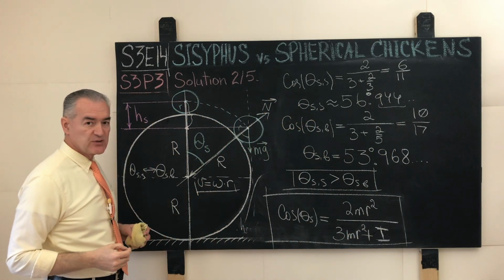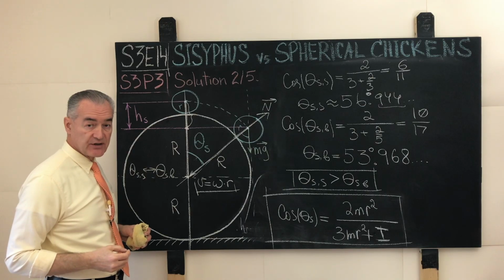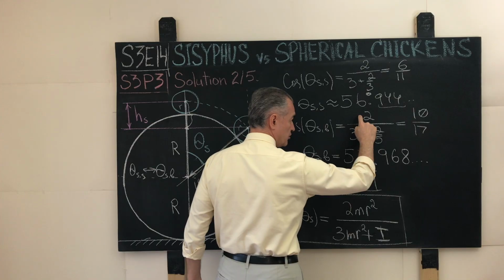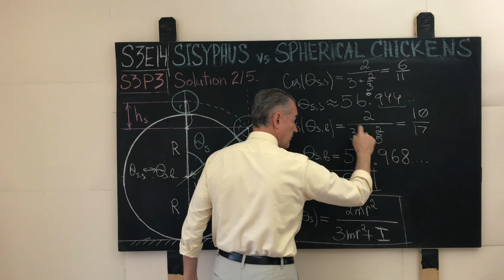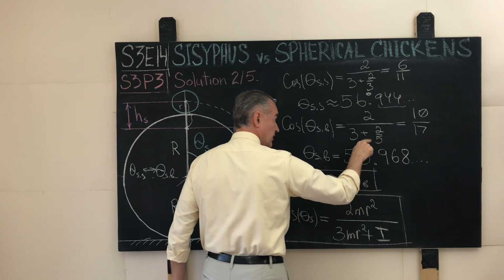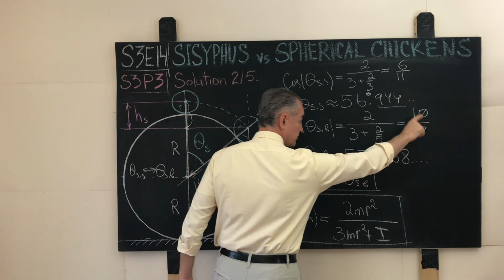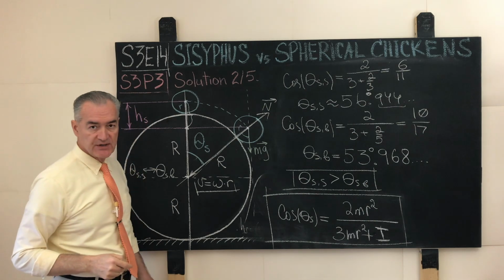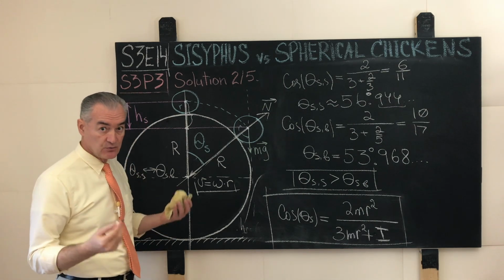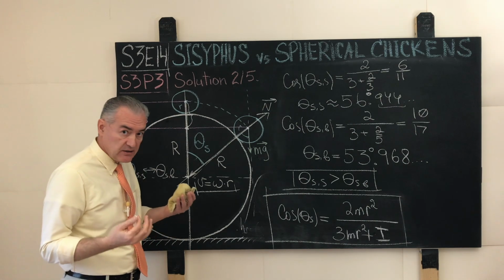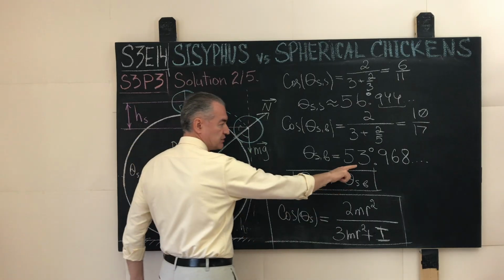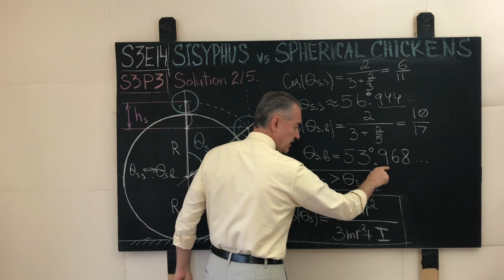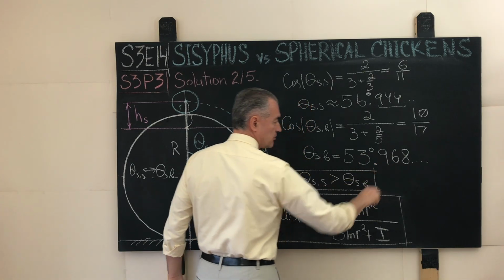And for the cosine of the separation angle of the ball, we will have the same expression, but 2 in the numerator, 3 plus 2/5; multiplying both sides by 5, we get 10 over 15 plus 2, which is 10/17. Again, if you care to look up the decimal expansion for the absolute value of the magnitude, just to get an idea of what is going on here, you will see that this magnitude will be 53 degrees, 0.968, up to the same 3 points.